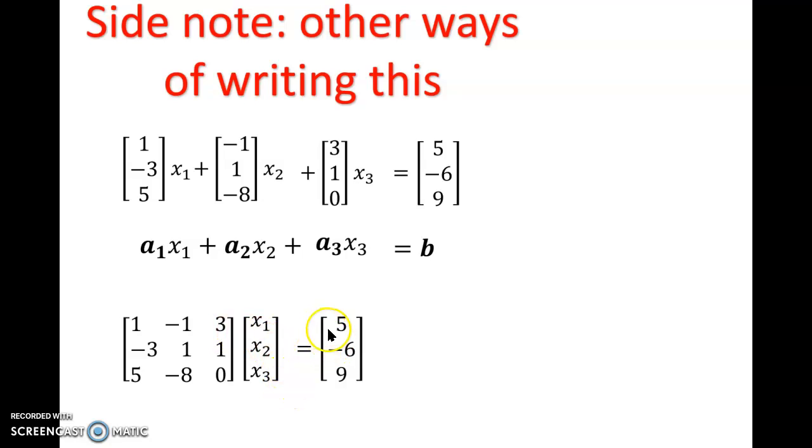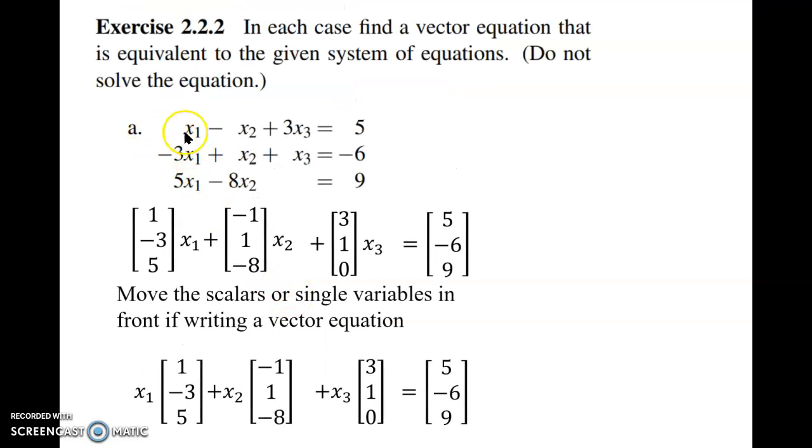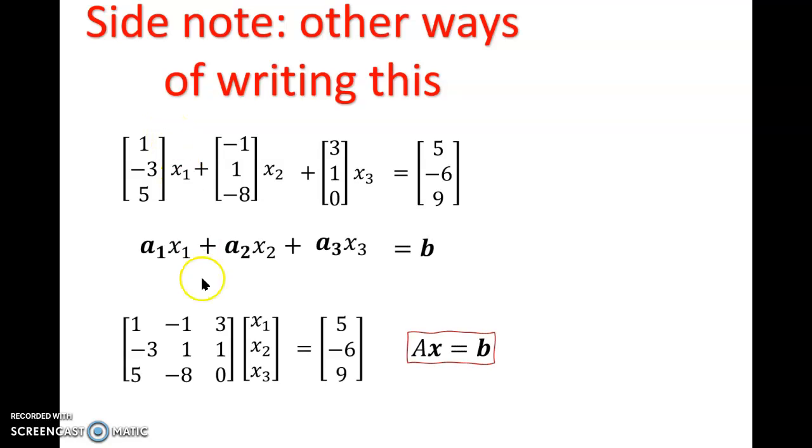And then equals, and it will be 5. So that gives us, let me go back to the equation, x1 minus x2 plus x3 equals 5. We can get our equation right back. And then we can just say this is matrix A times vector x equals vector B.